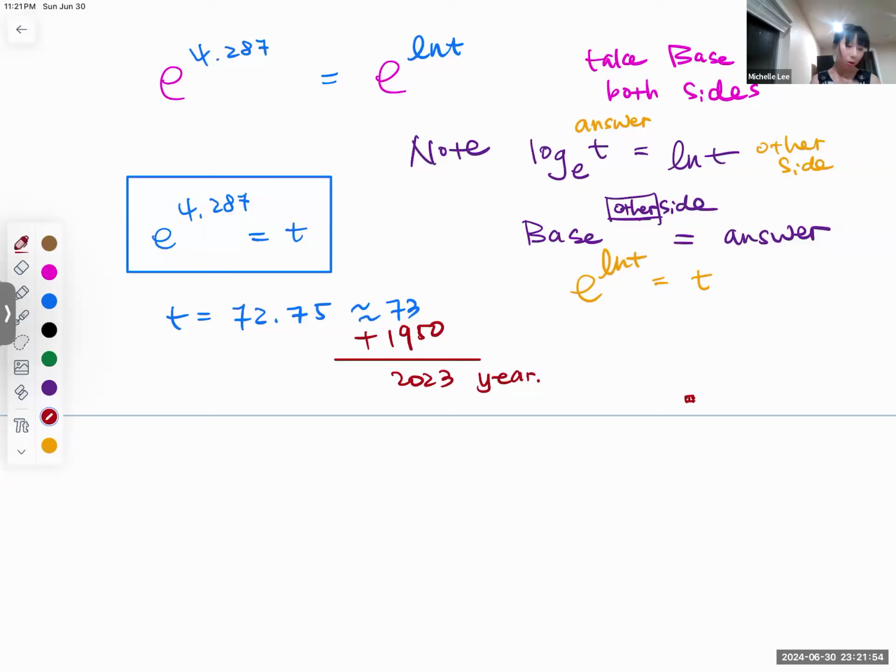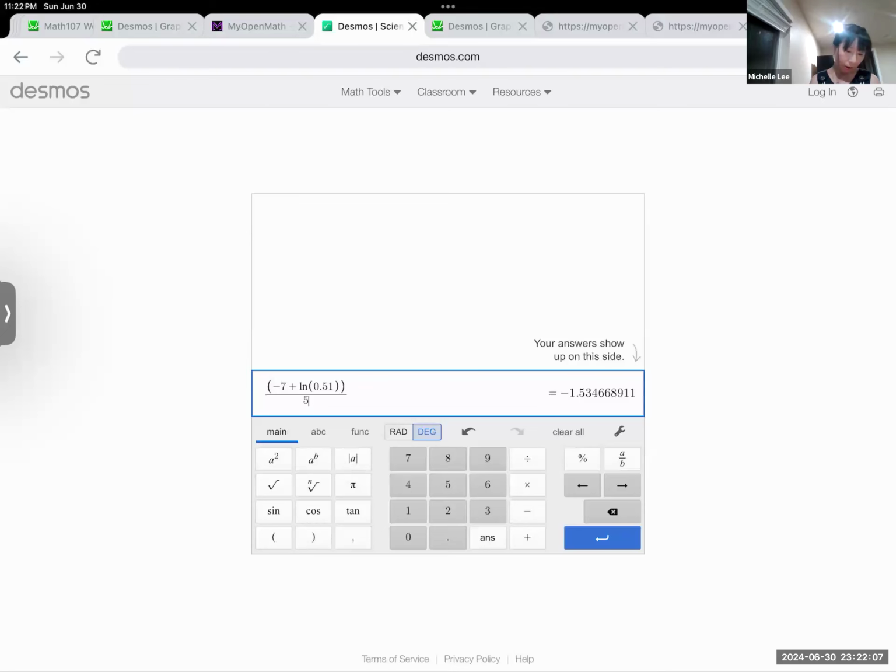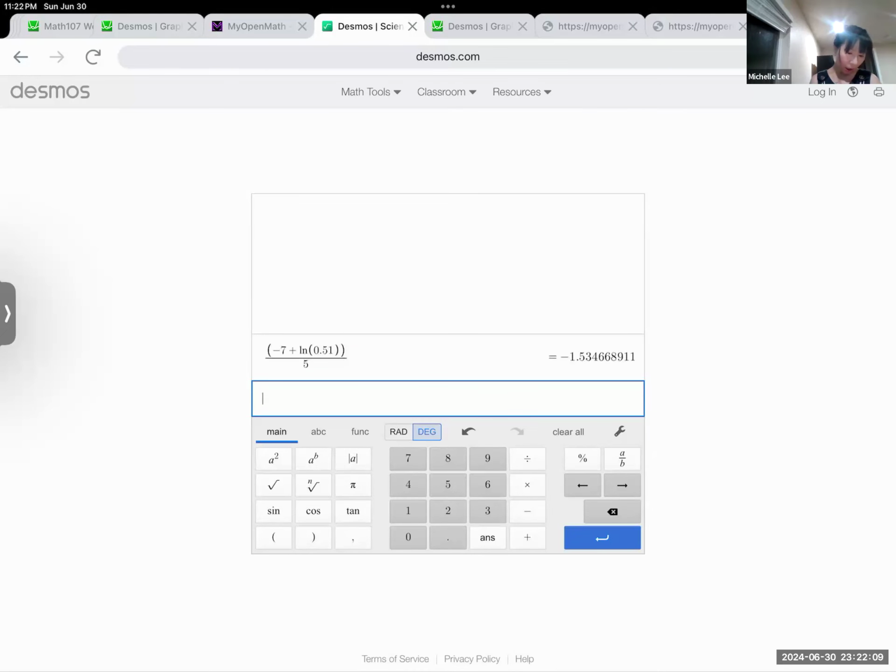Okay, let me show you how to calculate this one, all right? So e to the 4.287. So let's do it. Where's e? I don't see the e here. Then go to the function.